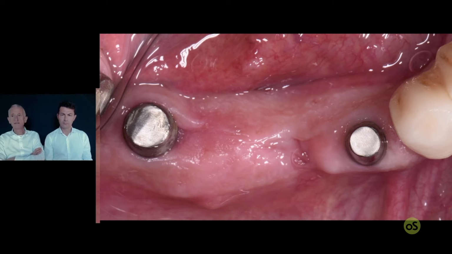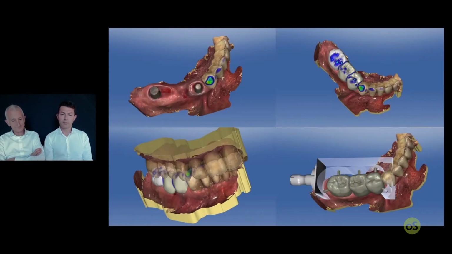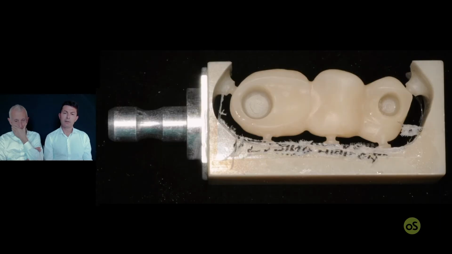So here the doctor scans the caps with the camera. And after, in the software, it's time to shape the new bridge. First, mark the margin, shape the restoration, check the occlusion, and mill the restoration in one block, like in this case.